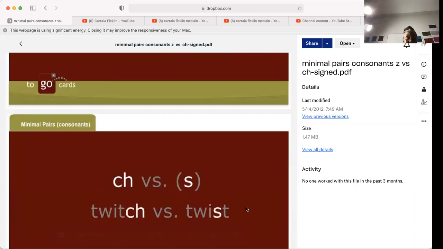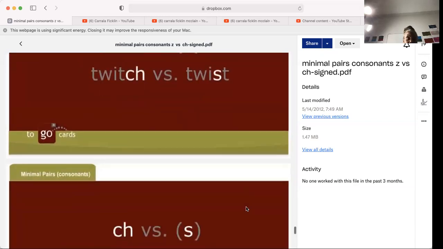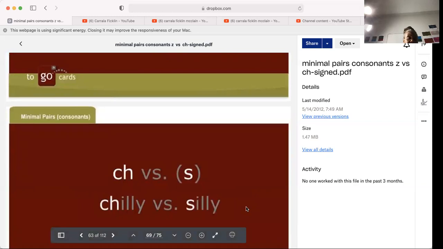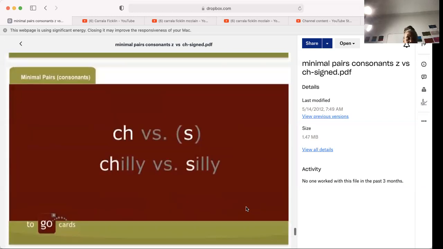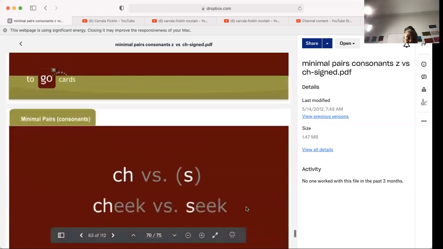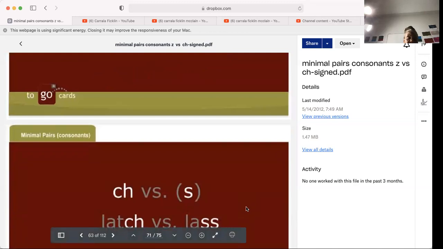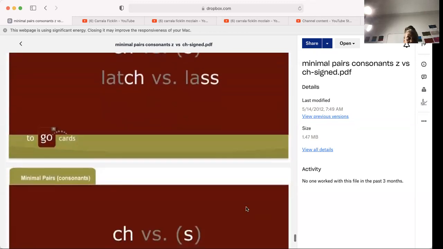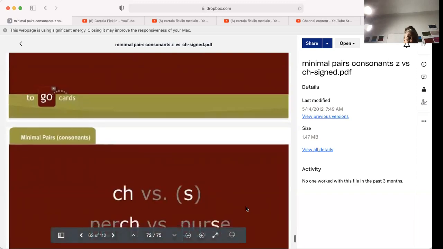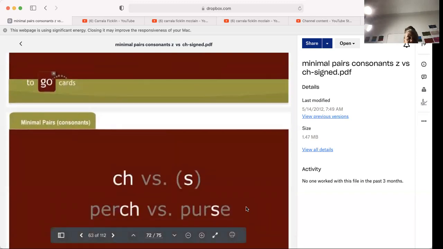Twitch, twist. Chili, silly. Cheek, seek. Latch, lass. Perch, purse.